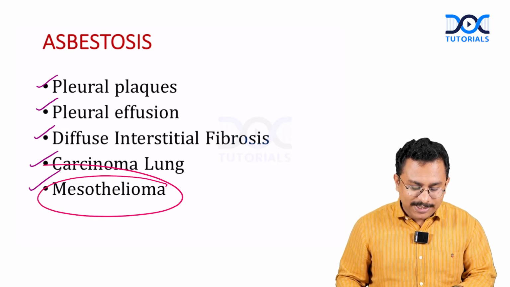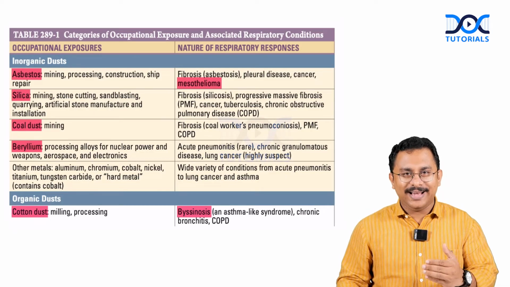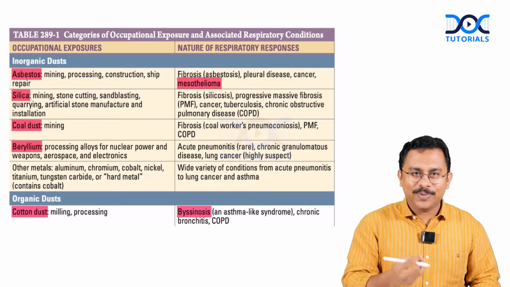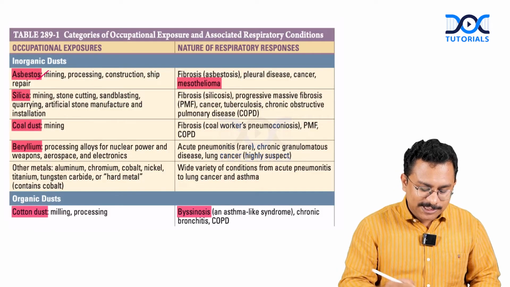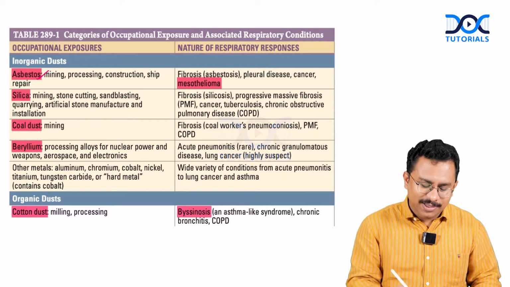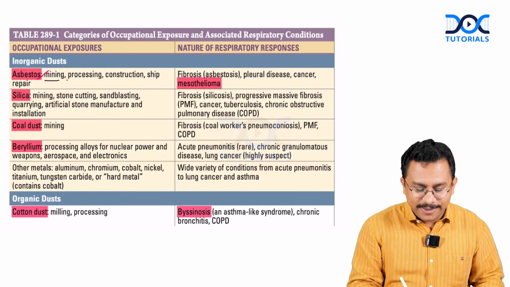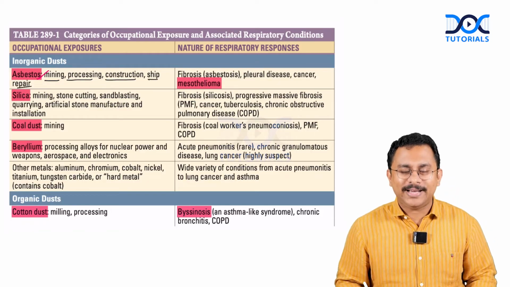So the answer here is asbestosis. If you look at this table in Harrison on the various occupational exposures and the associated diseases, for asbestos exposure, you can get it in those working in the cement factory, but even those working in mining, processing factories, construction, and ship repair are all prone to develop asbestosis.